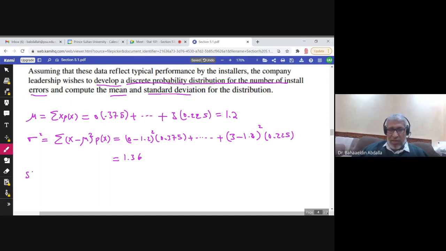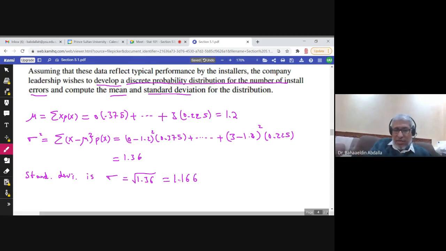So you should say that standard deviation is sigma equals. So you have to tell him that you know that sigma is the standard deviation and not sigma square. Square root of 1.36, and then you write the answer, which is 1.166.